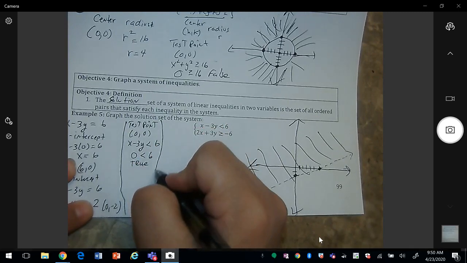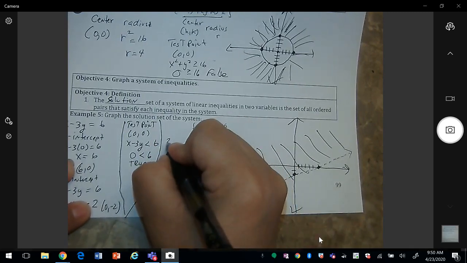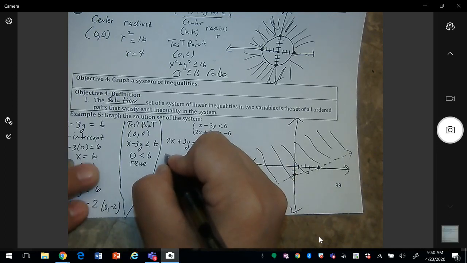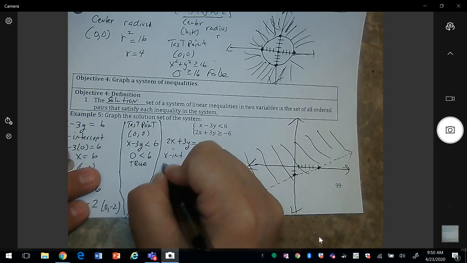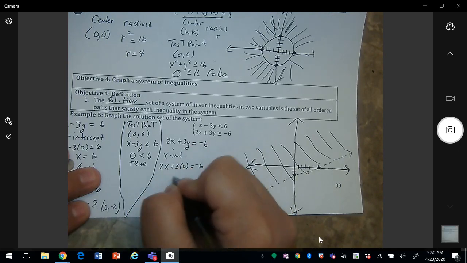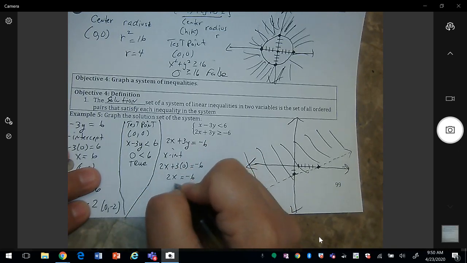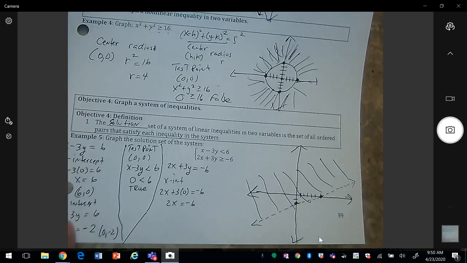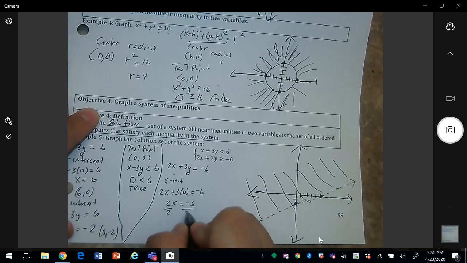Then we want to graph the next equation. So I'm going to use my x-intercept. Then y equal to 0. So divide by 2.